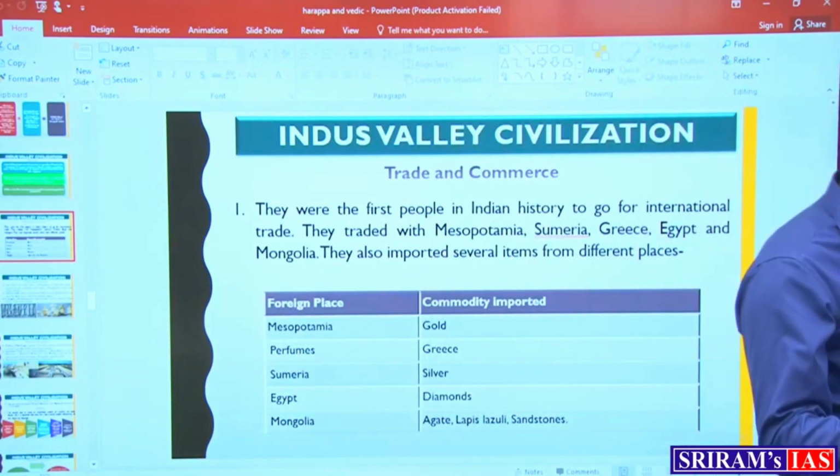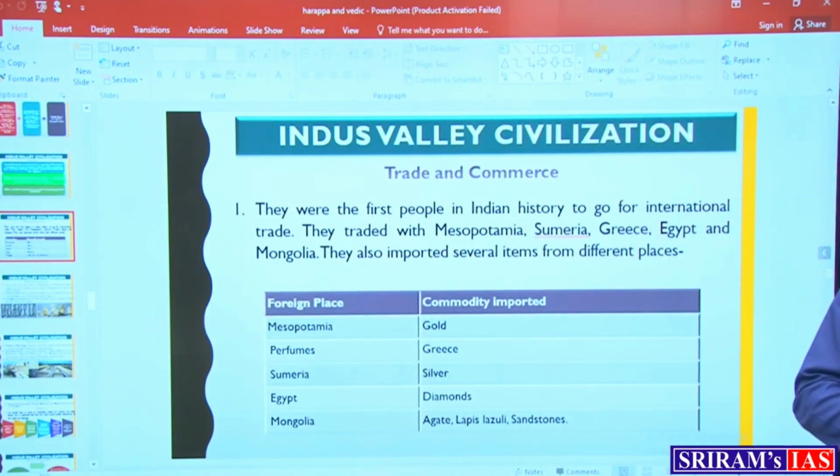But external trade was mostly via sea route.